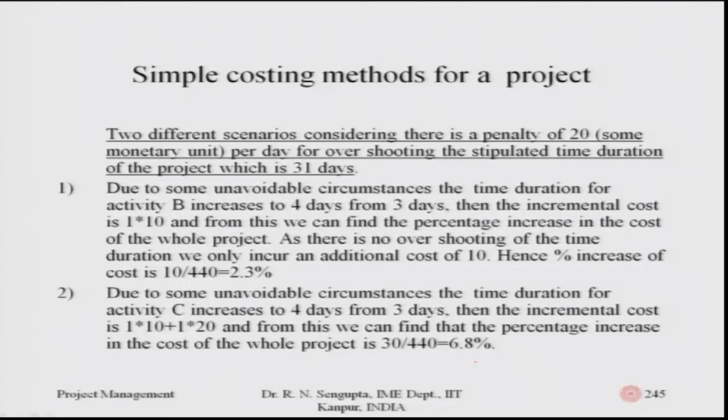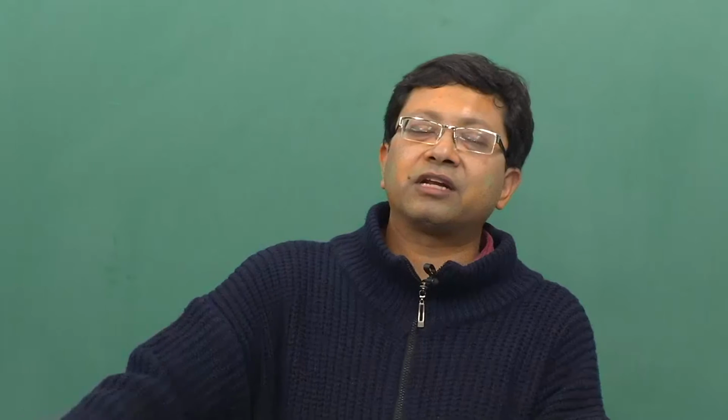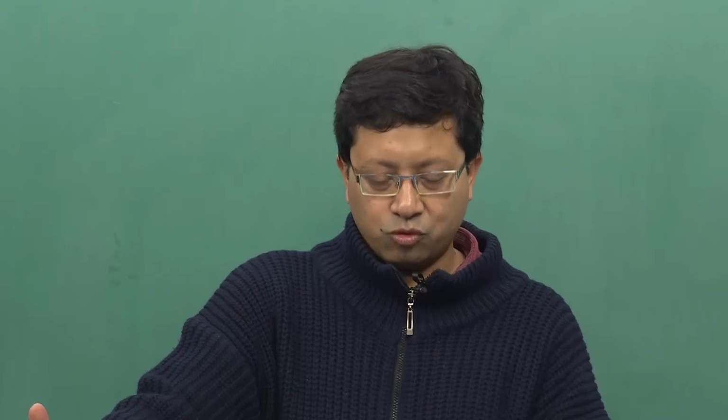Hence, the critical path being affected has a more devastating effect on the total cost, which has now increased from 2.3% to 6.8%. We will do the calculations later and slowly proceed to see how we use the forward pass and the backward pass method to solve the critical path method.